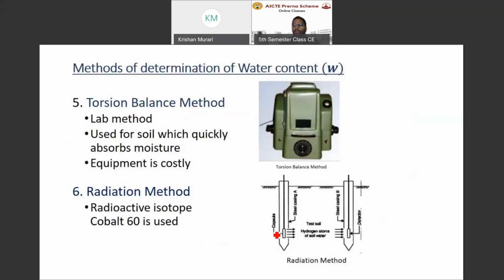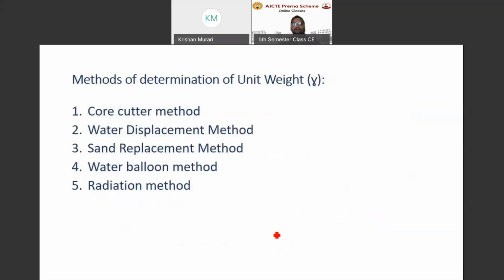And second is the detector. The detector senses how much of the radiation is deflected and absorbed by the water. The radioactive isotope used here is a cobalt capsule. If the water is more, then the hydrogen atoms of the soil moisture are also more. That's why we can calibrate and find out the water content.